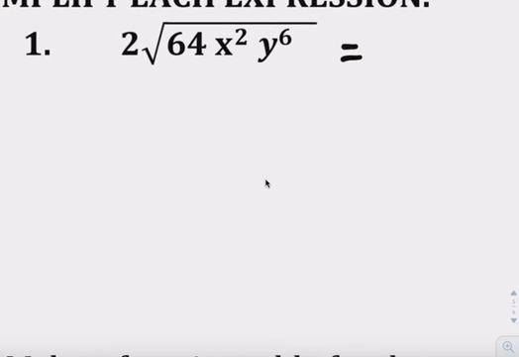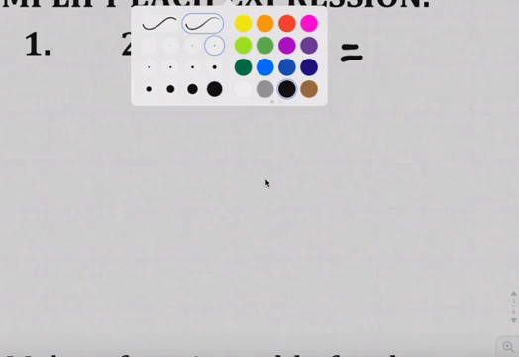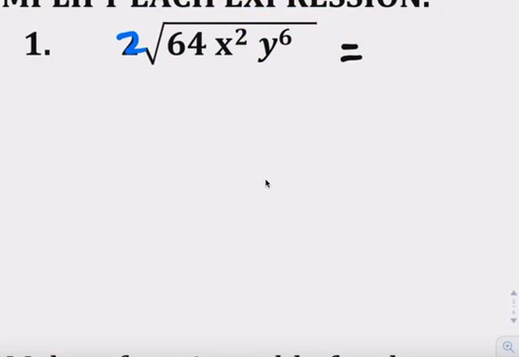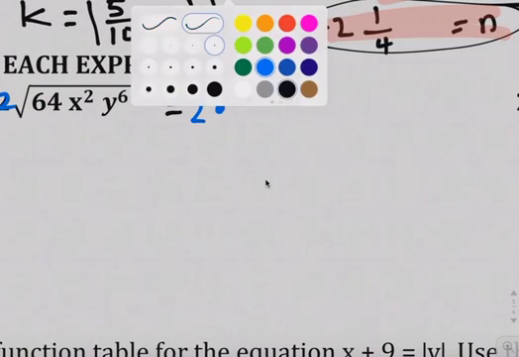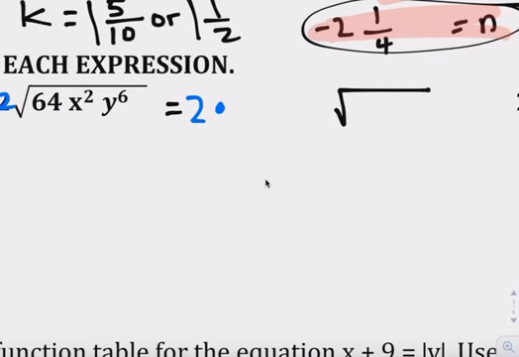Okay, this one. Let's take, this is 2 times, okay, let's see, the square root. This one is 1 pair of x, so we got x, 3 pairs of y to the third.